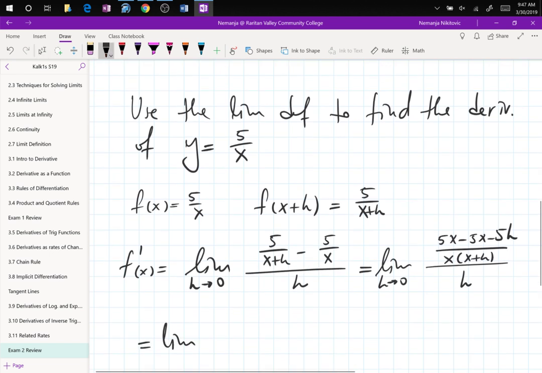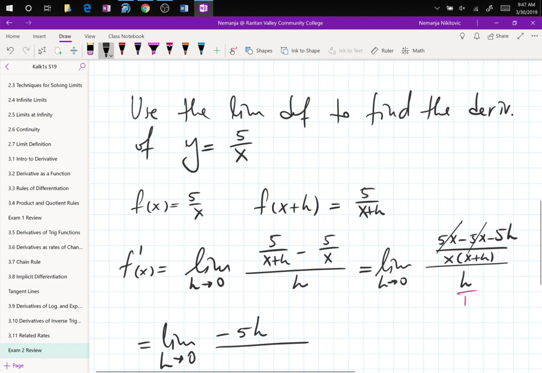Then you have to keep copying this limit all the way to the last step. 5x's drop. So now you have negative 5h and then the 2 that are close by, because you can put h over 1 over here. It's a double fraction.